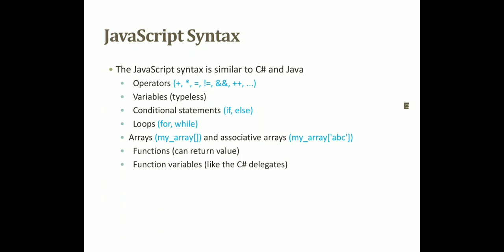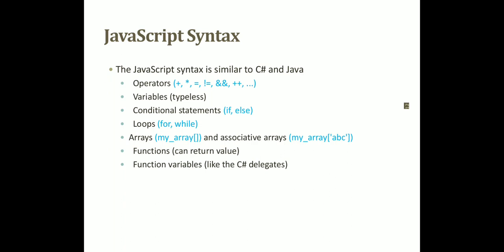Then, talking about the JavaScript syntax, it is similar to C sharp and Java. We have already gone through C sharp and Java last year. There are many things like operators, variables, conditional statements, loops, arrays, and associative arrays that are the same as in C sharp and Java, for JavaScript as well.